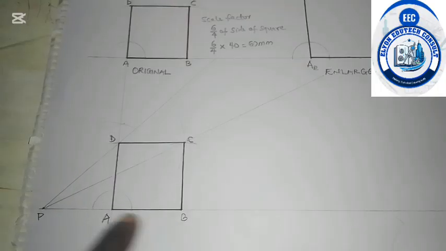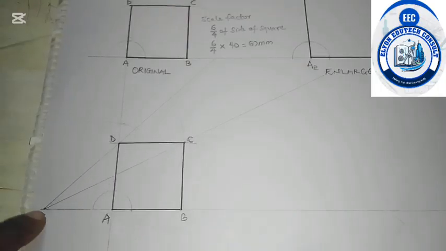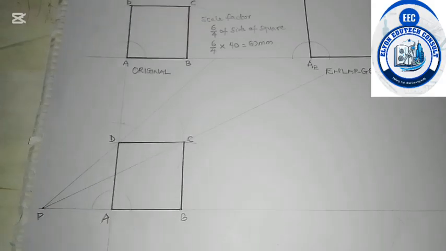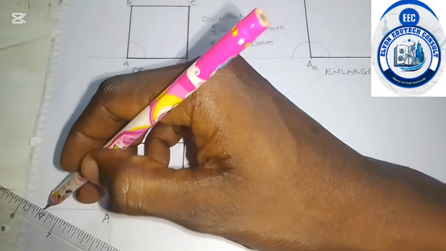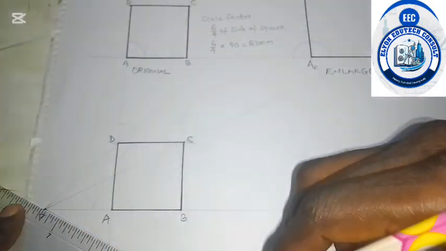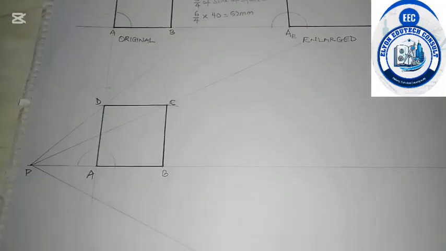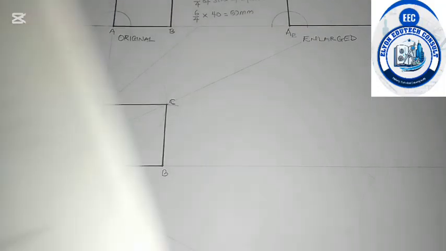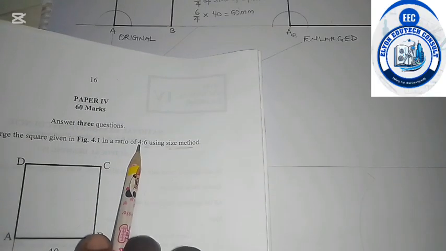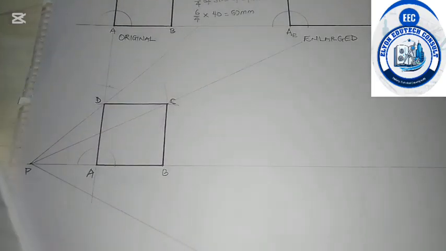A and B, they are on the same base. So the next thing I will do, from this pole now, I'm going to draw an inclined line down this way, which I'm going to be dividing. Okay, just like we have it here. And I will make use of the ratio. Now we are given ratio 4 to 6, so the highest number here is 6. Okay, because I'm doing enlargement.